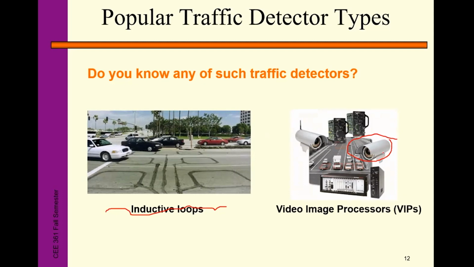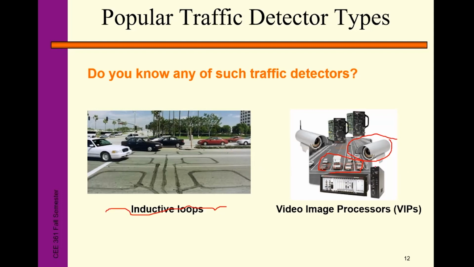When the image is captured by the sensor, the detection algorithm analyzes it and detects the vehicles. I'm going to show you some examples in the next couple of slides, and then I'm going to show you a real system. Those are the two most commonly used traffic sensors.